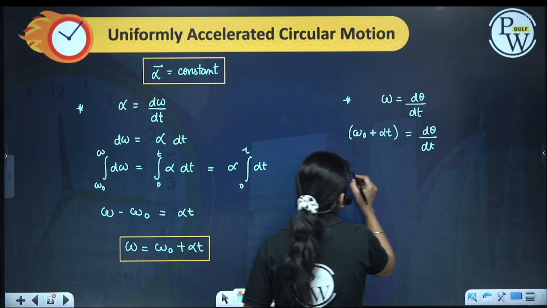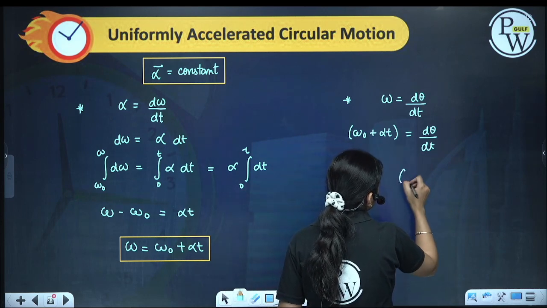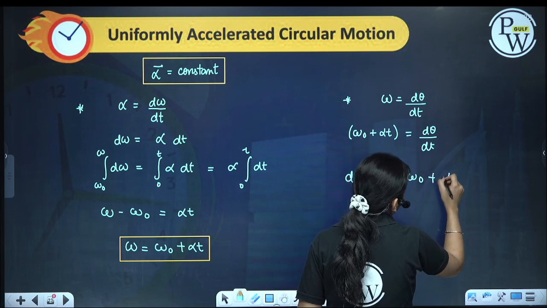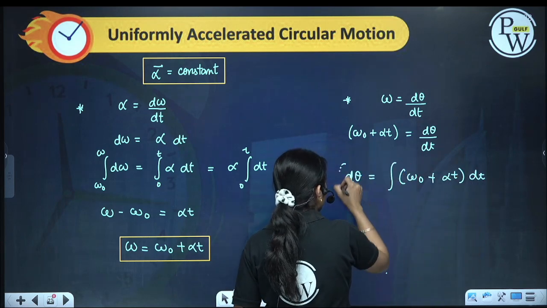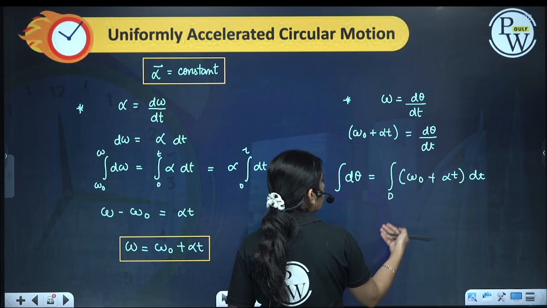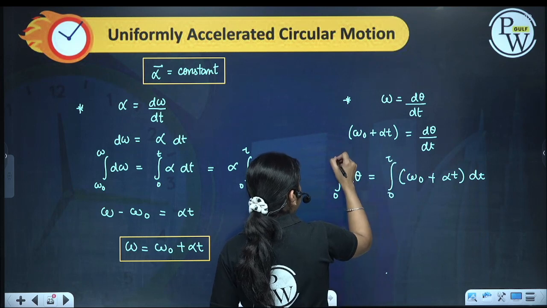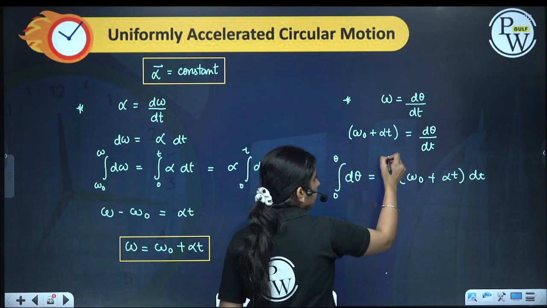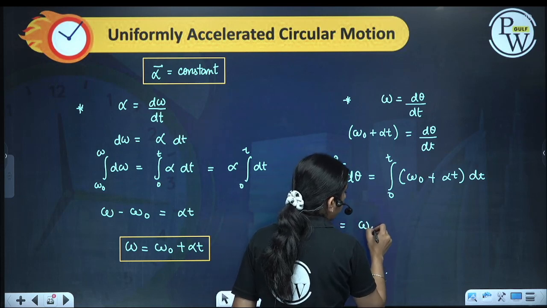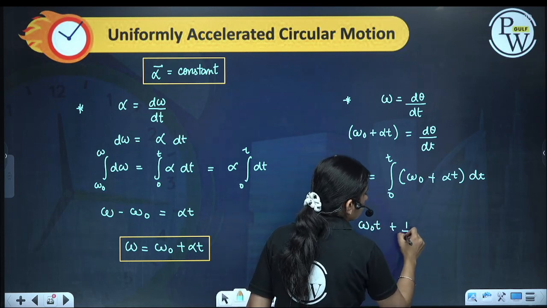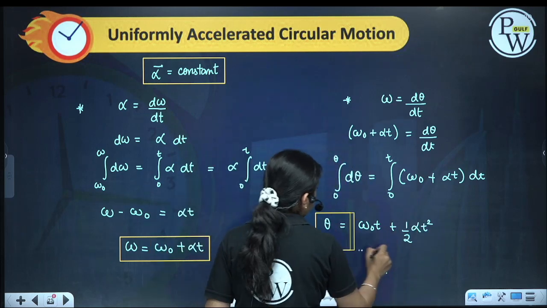So from here we will get d theta is equal to omega naught plus alpha t dt. Now integrate both sides. If at t is equal to 0, my angular displacement is 0, and at time t, angular displacement is theta. So from here we will get theta is equal to omega naught t plus half alpha t square. This is our second equation.